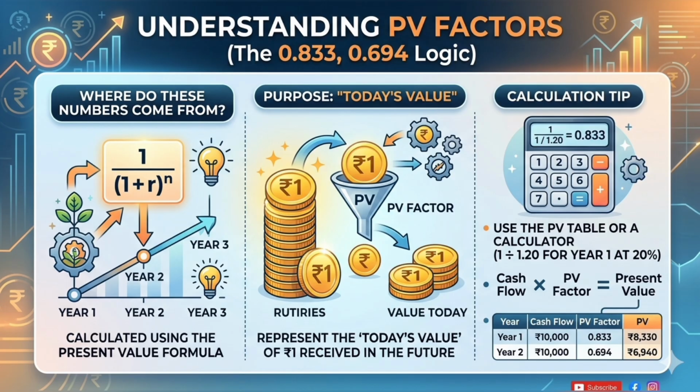If in the question the PV factor is given, it is very easy to calculate the PV of inflows. We have in the question 40,000. So for the first year, 40,000 into the PV factor for the first year, that is 0.833, plus the second year expected profit is 50,000, multiplied by the second year PV factor, that is 0.6944.